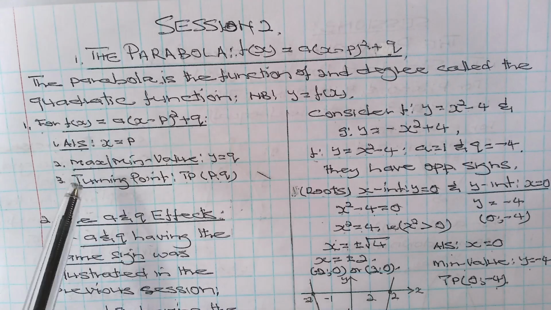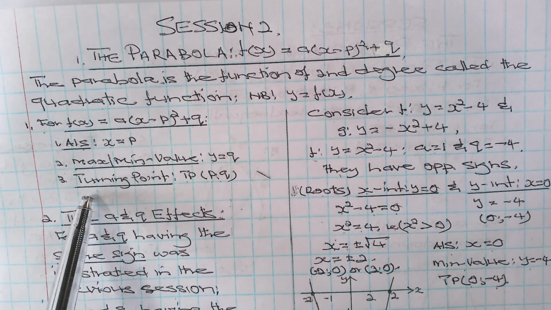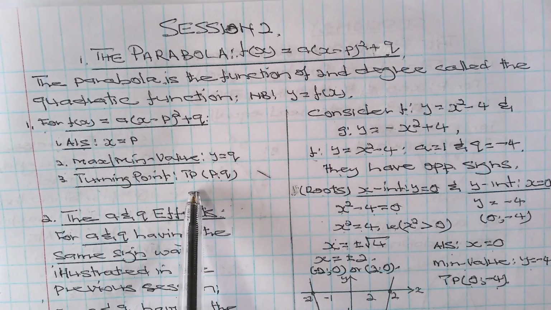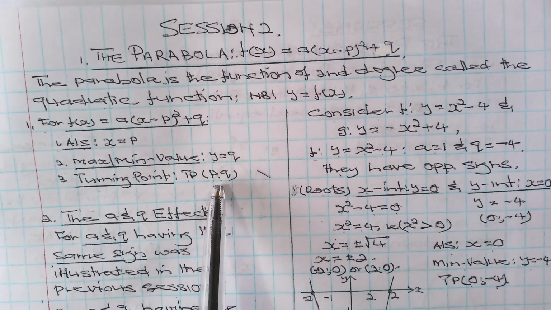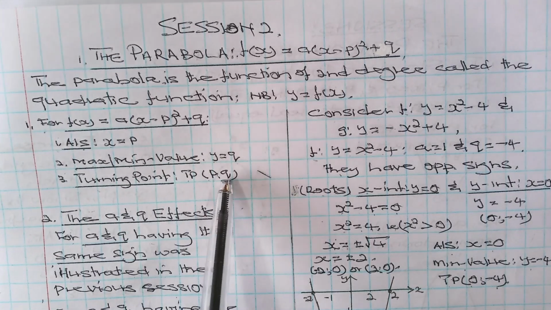Axis of symmetry and maximum or minimum value will give you the turning point of the graph, which is TP, where x is represented by p and y is represented by q.